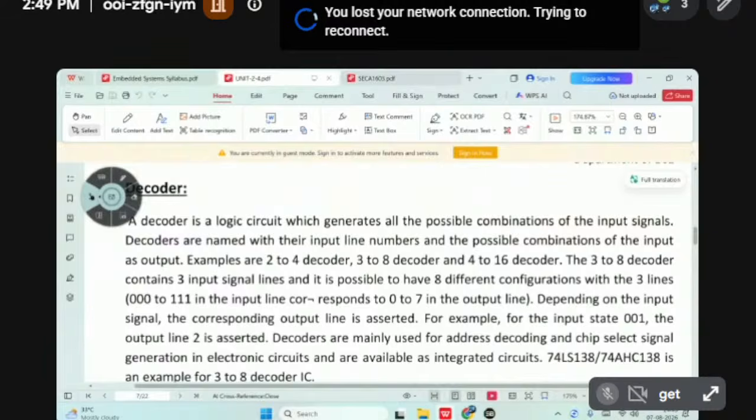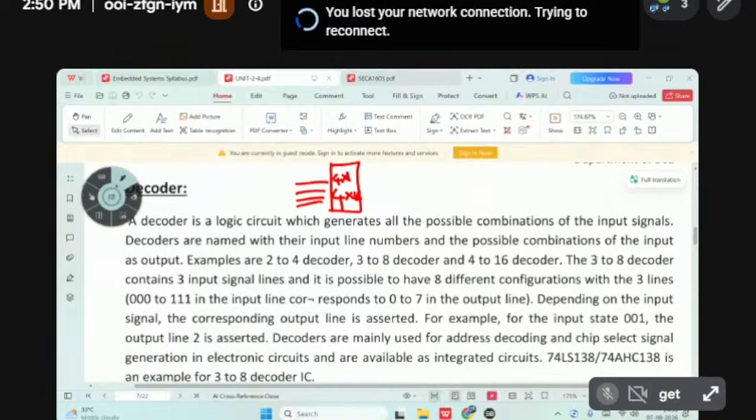Suppose I have 4 input signals, with the help of 4 input signals, I can generate 16 output signals, right? So with the help of 4 inputs, I may generate 16 signals. దీన్ని 4 into 16 లాగా రాస్తున్నాను. I can generate the 16 signals as the output, right?